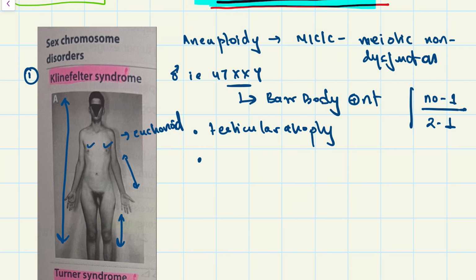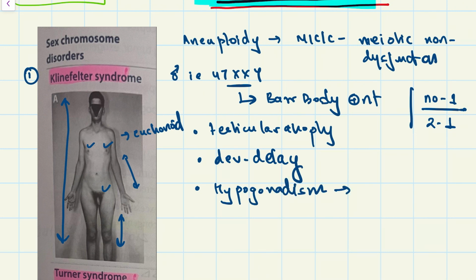The other features are gynecomastia and a female pattern of hair distribution. Developmental delay may also be seen. Then the next feature is hypogonadism, which is the cause of infertility in such individuals.